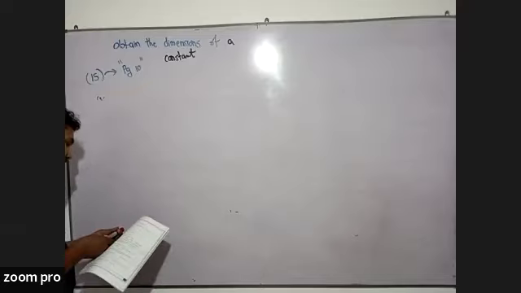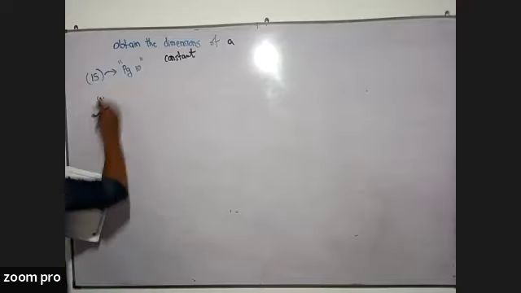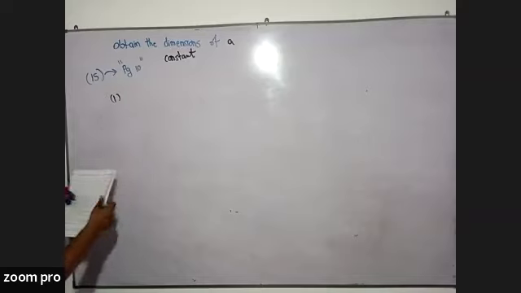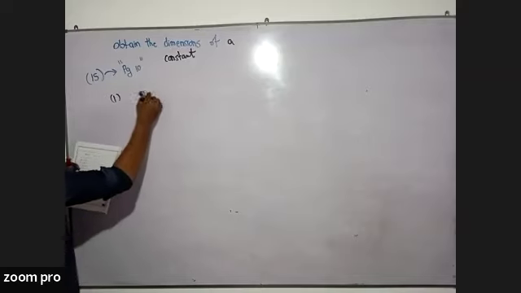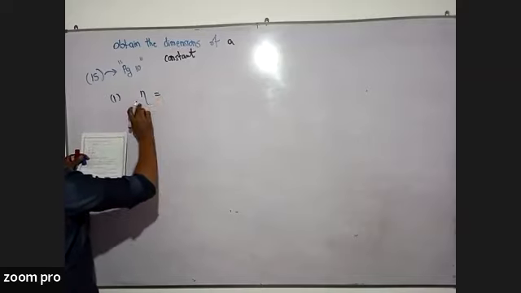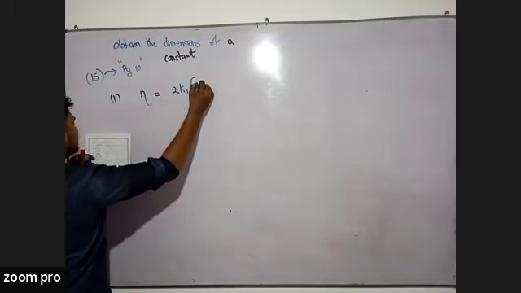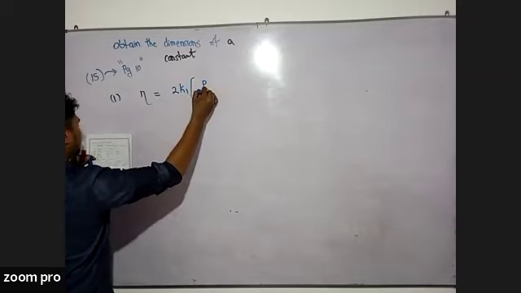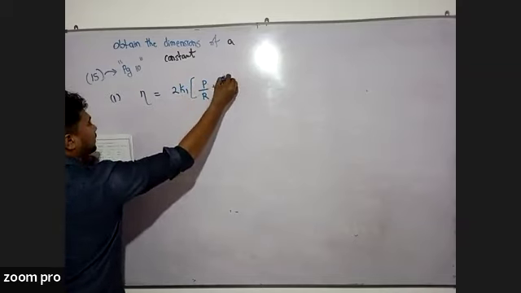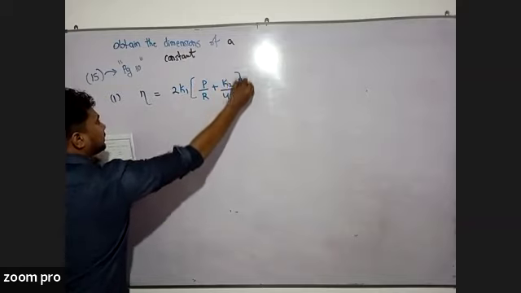Right. So let's go through the first Roman numeral in the 15th question. This is the equation: eta, or it can be pronounced as n, equals 2k1 into p over r plus k2 over u, right?